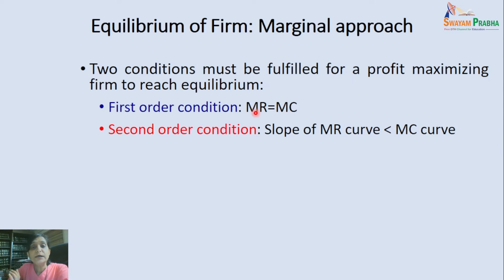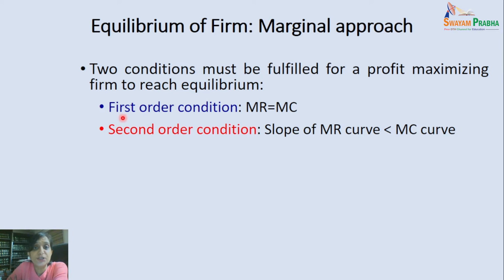When you mathematically differentiate total revenue with respect to the quantity sold, we get marginal revenue. The first derivative of total cost with respect to the quantity produced gives us the marginal cost. When we use the marginal approach to determine the profit maximizing output the firm should produce to reach equilibrium, there are two conditions we have to understand.